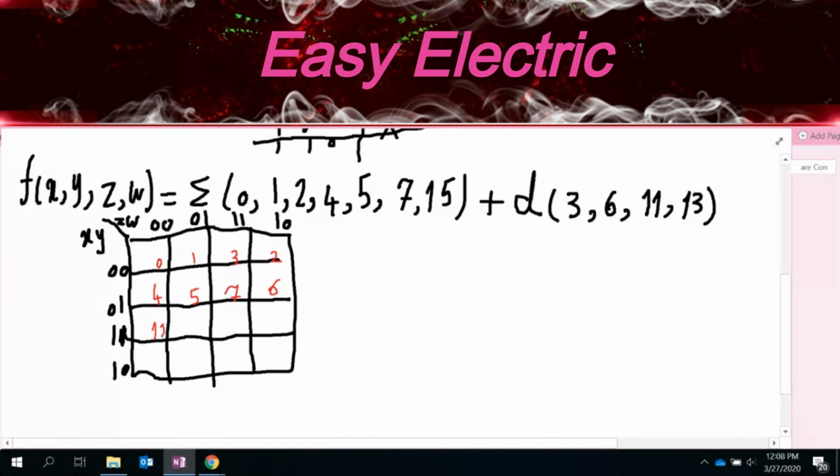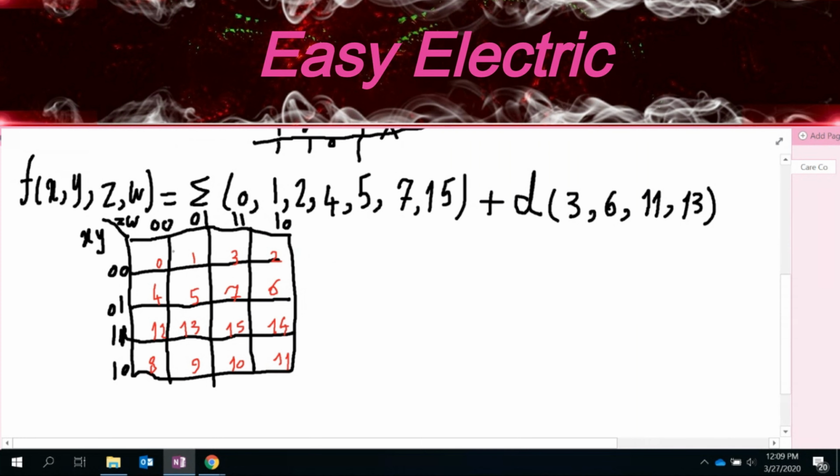Here you have 12, 13, 15, and 14. And here you have 8, 9, 11, and 10. Okay, double check that: 8, 9, 11, 10, 12, 13, 15, 14, 4, 5, 7, 6, 0, 1, 3, 2. Okay, that's right.